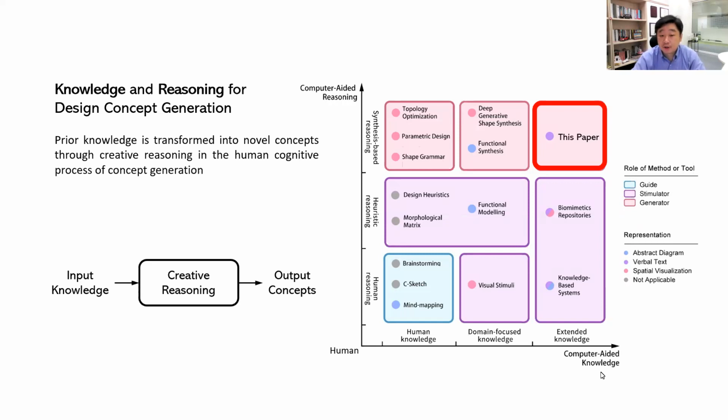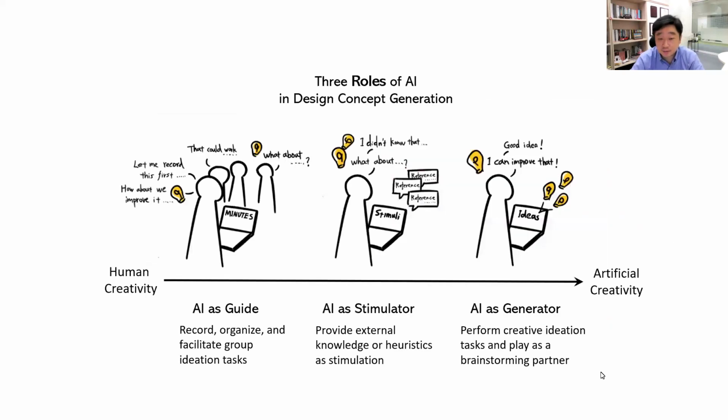We're looking at fully automated design concept generation, using computers to reason and using digitalized knowledge to reason and generate new design concepts. That's about designing AI for design concept generation. At the beginning of this research, we also carefully thought about the different roles that AI can play in the concept generation process. At the least, AI can be used as a guide to record, organize, and facilitate group or individual ideation and to support human designers in generating ideas.